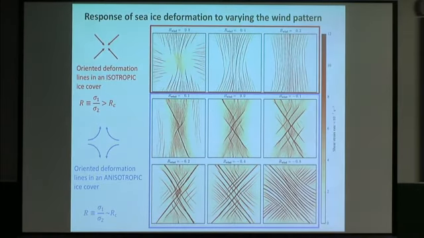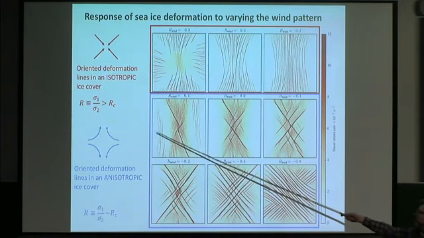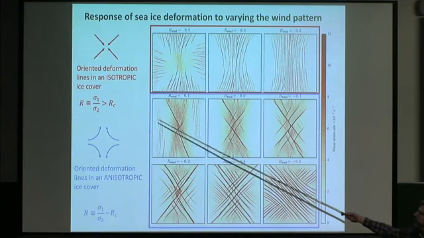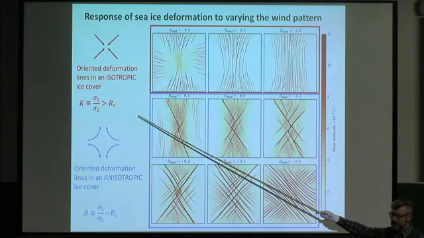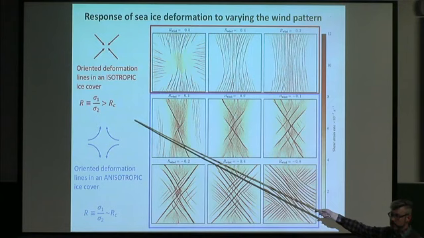Okay, so here are a set of outputs from model experiments with different ratios of that wind stress. The red experiments have a confining wind stress, and the internal ratio of stresses in the ice pack typically exceeds the critical confinement.